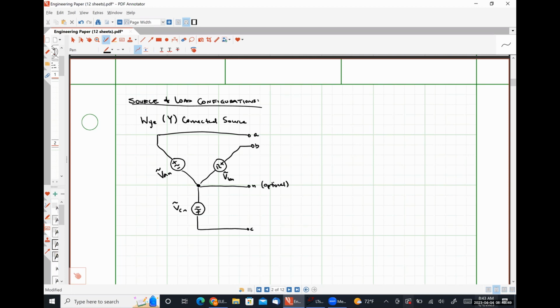So let me show you how I prefer to draw them. And technically, I already have shown you because it's how I drew it earlier. Here will be VAN, A. Here will be VBN. Here will be VCN.